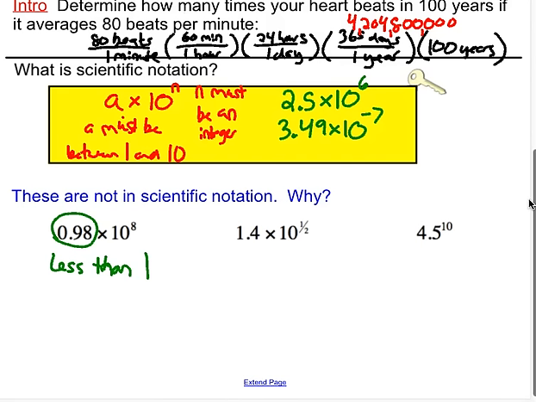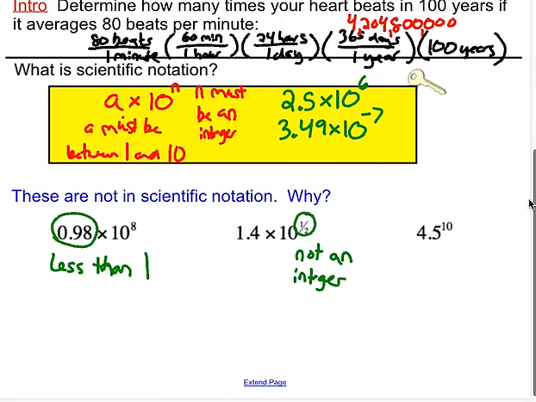Remember, in scientific notation, the number out front cannot be less than 1, so that rules that one out. This one is not an integer power. Also make sure that the 10 needs integer powers to make this work.